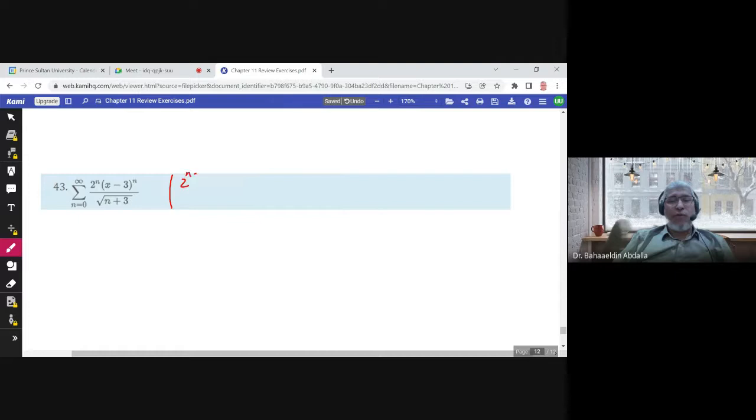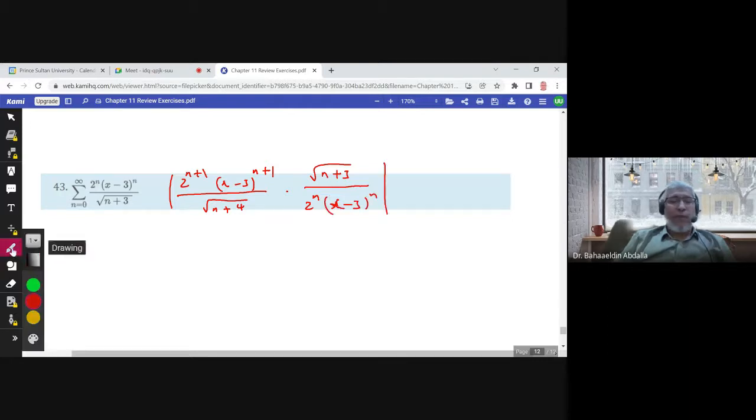Use the ratio test. N plus 1 plus 3 will give you n plus 4. Cancellations.